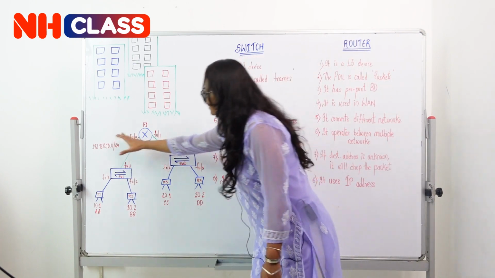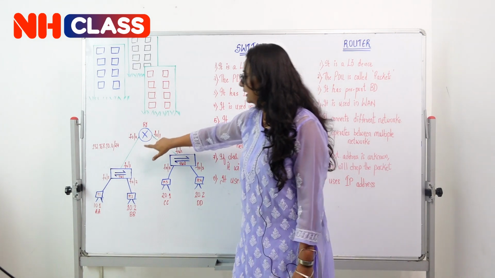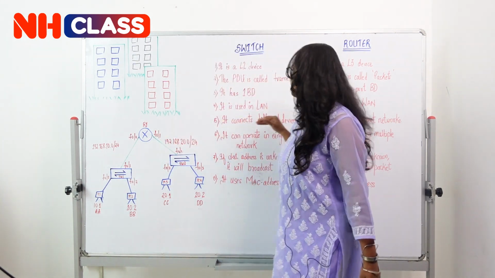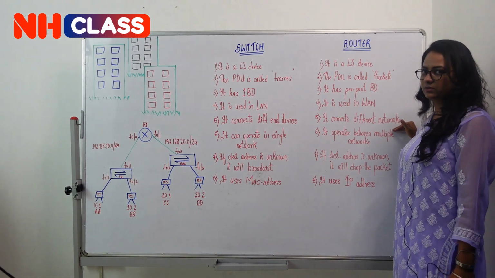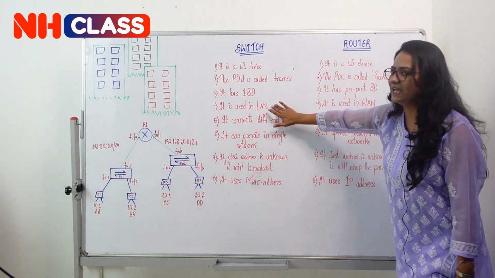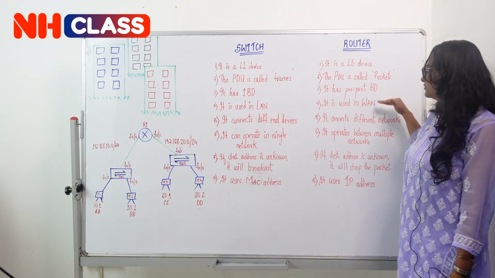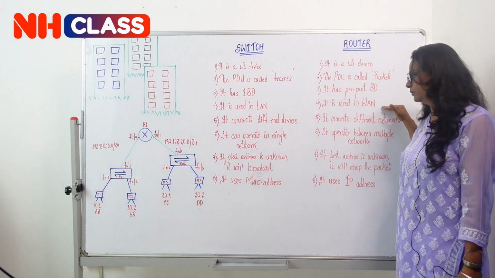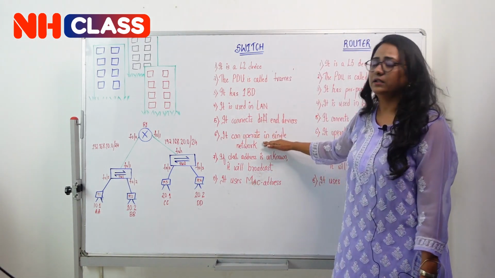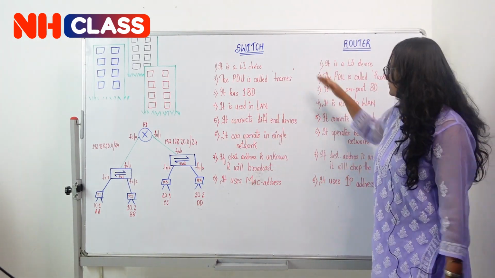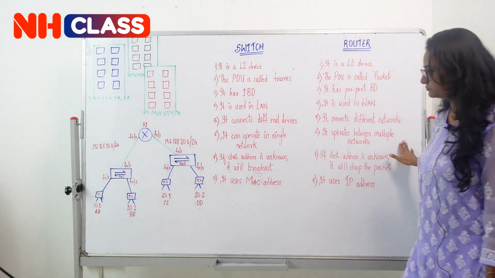Whereas this is one network and this is another network, so your router is basically connecting two different networks. A router connects different networks, so it is basically a combination of LANs, which is a WAN, wide area network. A switch operates only under a single network, whereas a router operates between multiple networks.